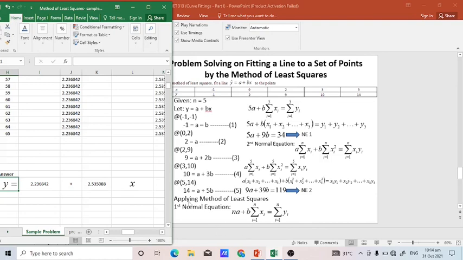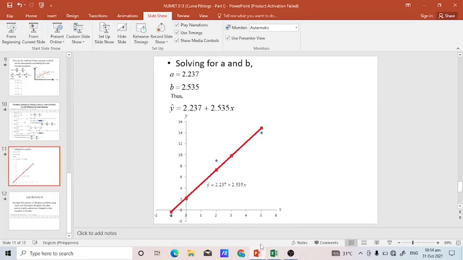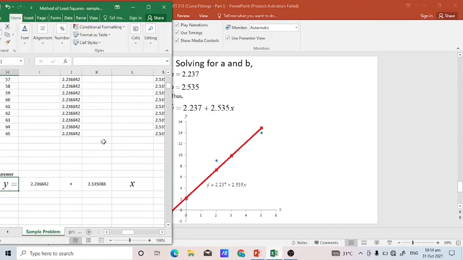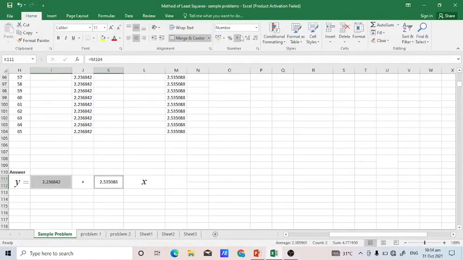2.236842. No? Ito, 2.3682842 plus 2.535. So, 3 significant figure lang yung aking in-apply. No? So, pwede naman natin gawin 3 significant figures. Ayan.